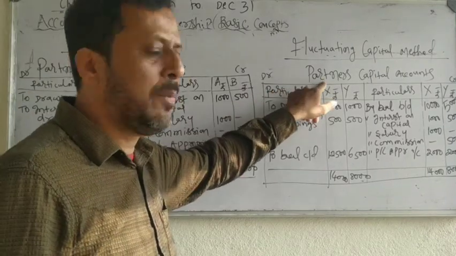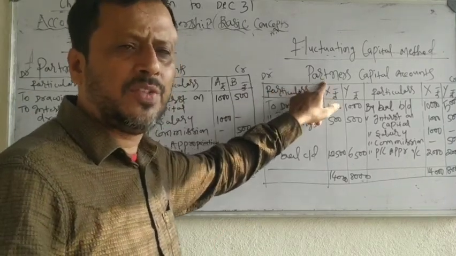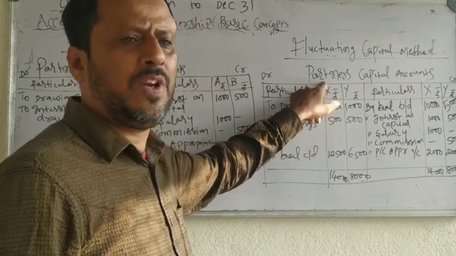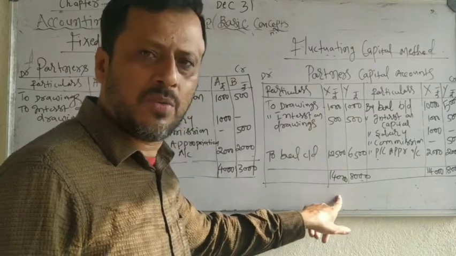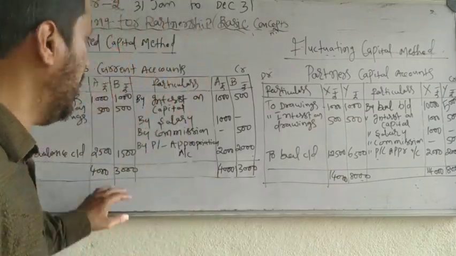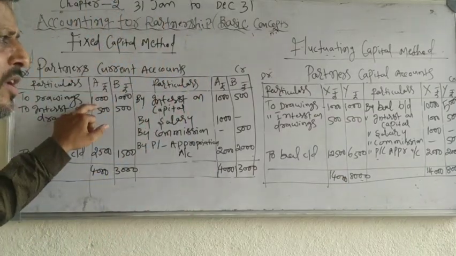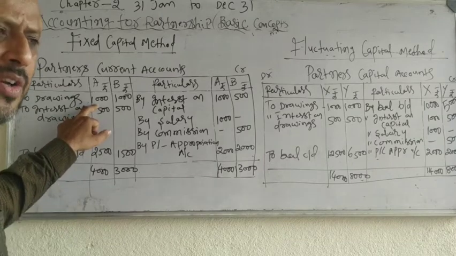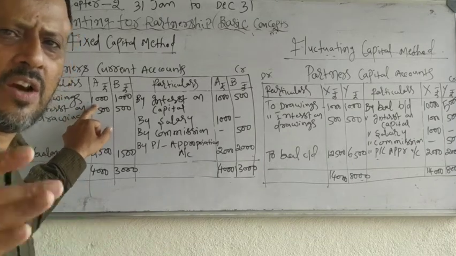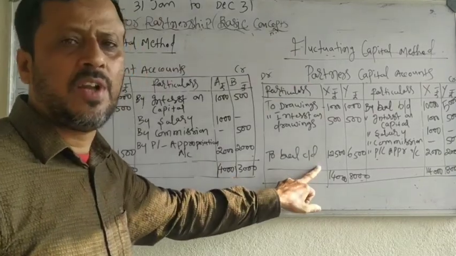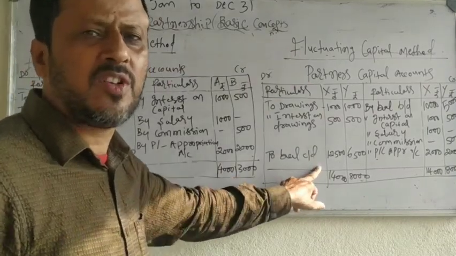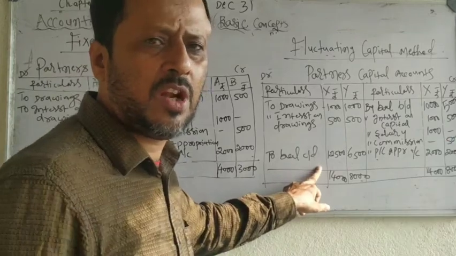Under fluctuating capital method, capital balance and all the adjustments were recorded in one account only, that is partners' capital accounts. Third difference, under fixed capital method, the capital balance of partners remains fixed year after year, no change. Under fluctuating capital method, the capital balance of partners may change from year to year.